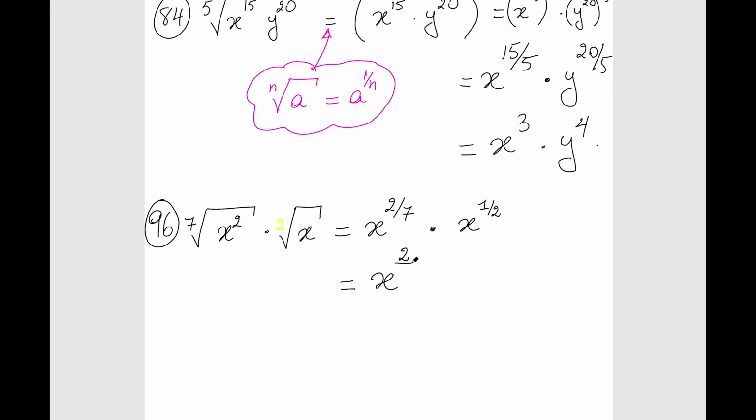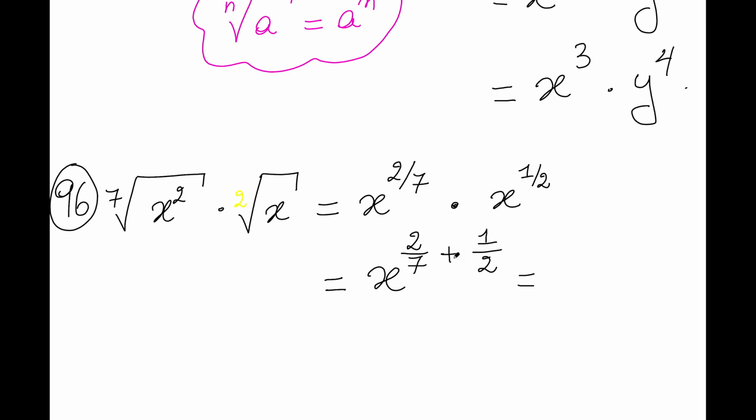So 2 over 7 plus 1 over 2. I want to find a common denominator between 2 over 7 and 1 over 2. One of them is 14. So I can write this as x to power something over 14 plus something over 14.